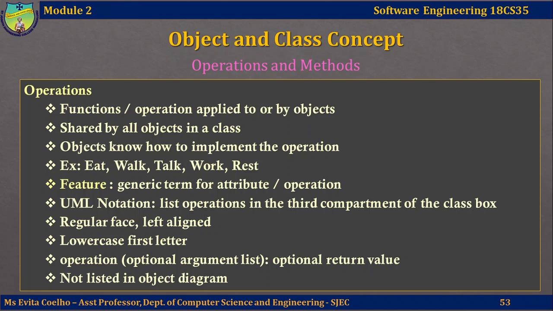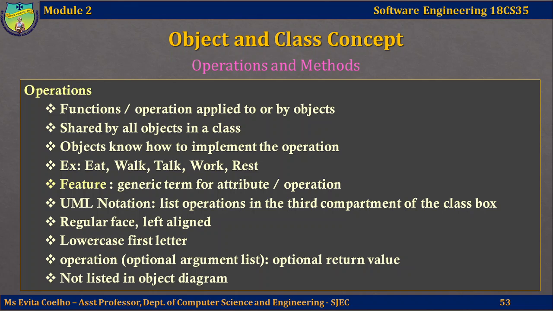Suppose you have a class person, walk, talk, eat, rest could be some operations performed by the class person objects. All objects created for a particular class template will share all these operations, just like all the objects created for the class shared all the attributes or had the same attribute names but varying attribute values.